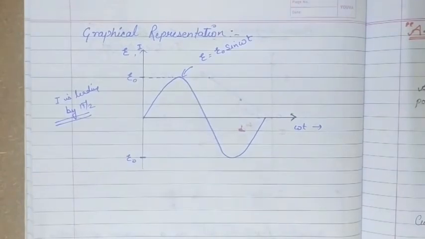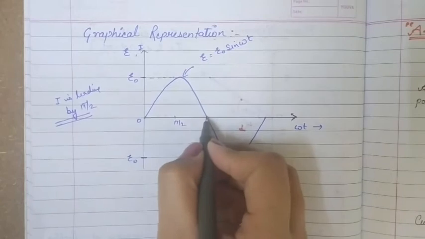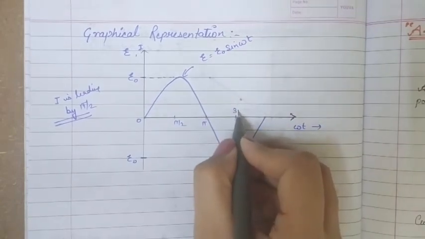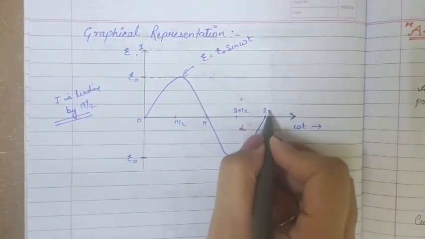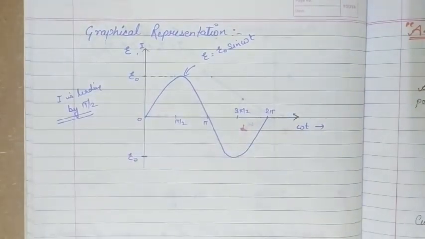This is for EMF, and the values here are 0, pi by 2, pi, 3 pi by 2 and 2 pi.